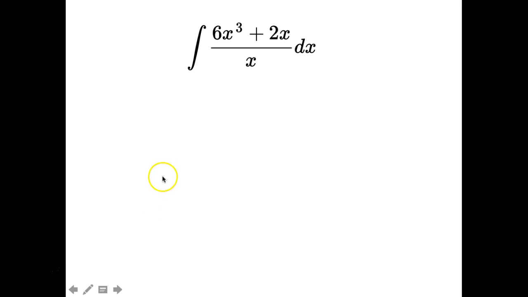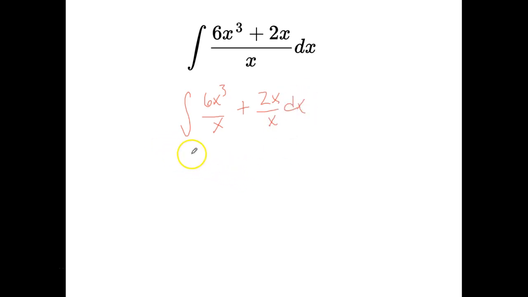Okay, this first one. I hope that you see there's only one term on the denominator, so you realize, oh, I can split that thing up so it has 6x cubed over x plus 2x over x dx.